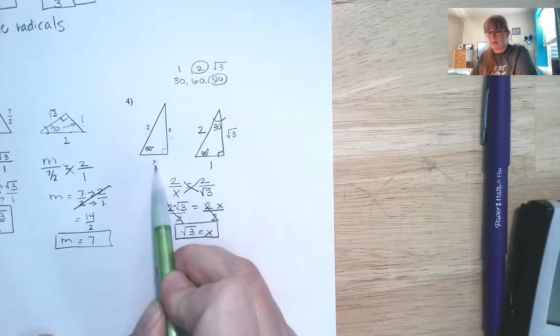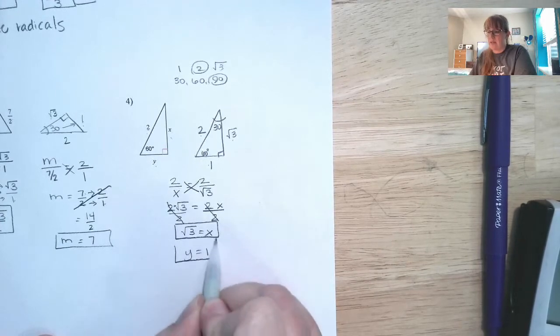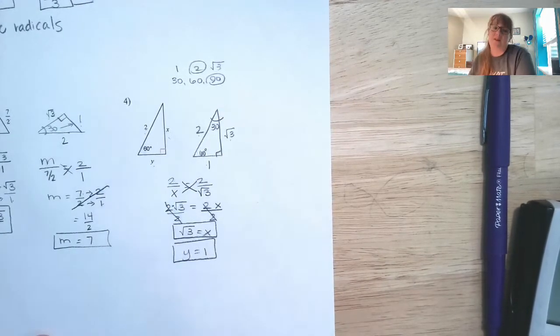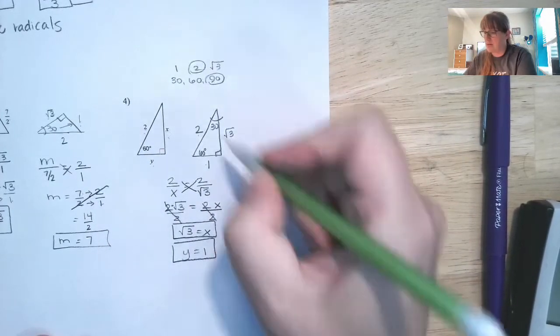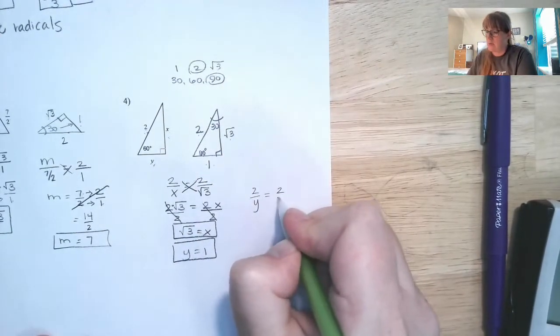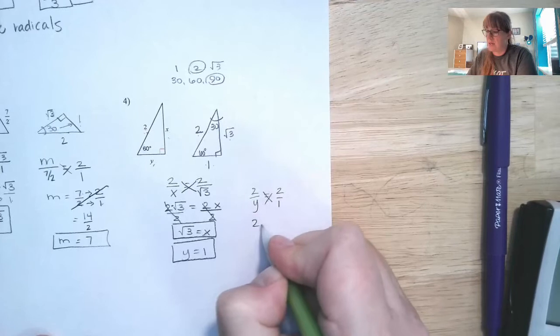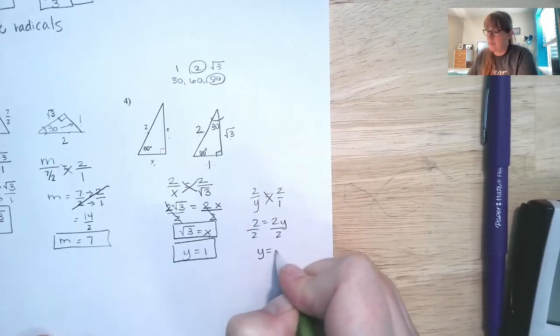I wonder what y is going to be. Y is going to be 1. If you're not 100% with that, do the ratios and solve. So we would do 2 over y equals 2 over 1. Cross multiply. Bada bing, bada boom. There we go.